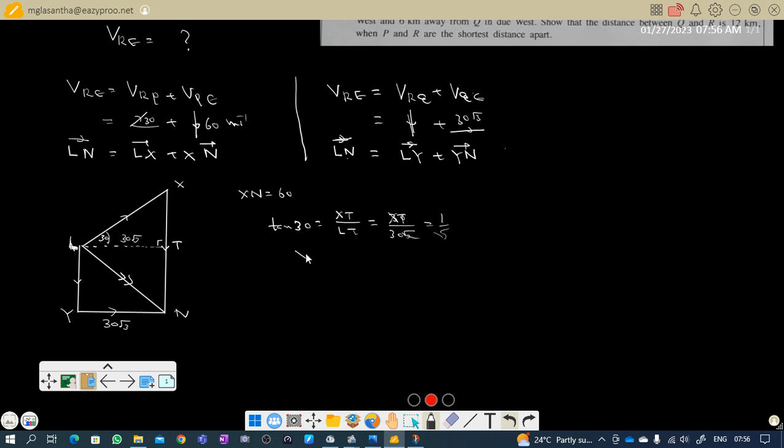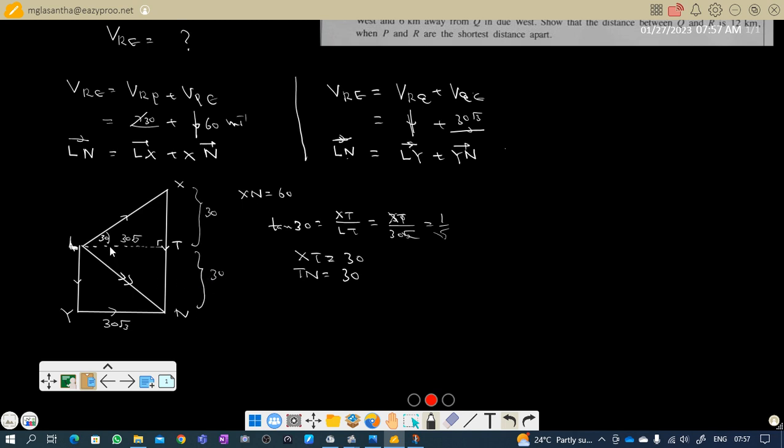So we get XT equals 30, and then TN is also 30. The total length is 60, and 60 minus 30 is 30. So this is also 30, right?